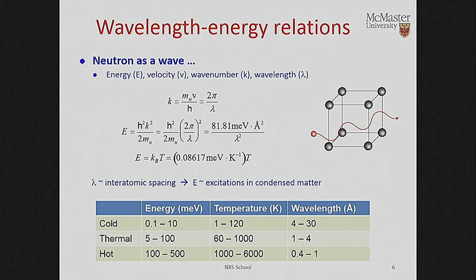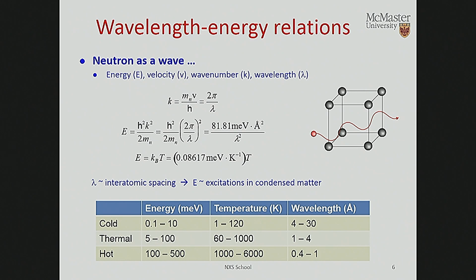Okay? And so we talk about cold neutrons, for example, which are basically any neutrons less than about 10 millielectron volts in energy, and these are kind of fuzzy boundaries. Okay? And they would have de Broglie wavelengths between, say, about 4 angstroms and 30 angstroms.